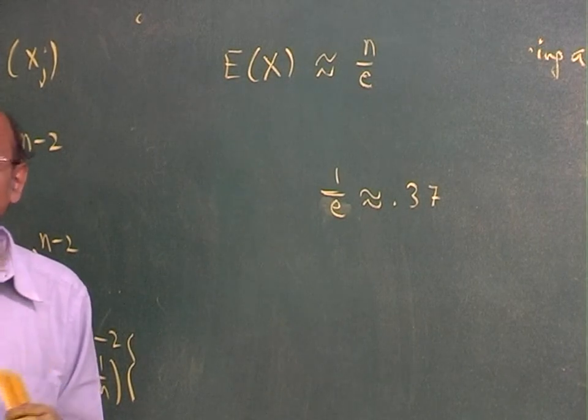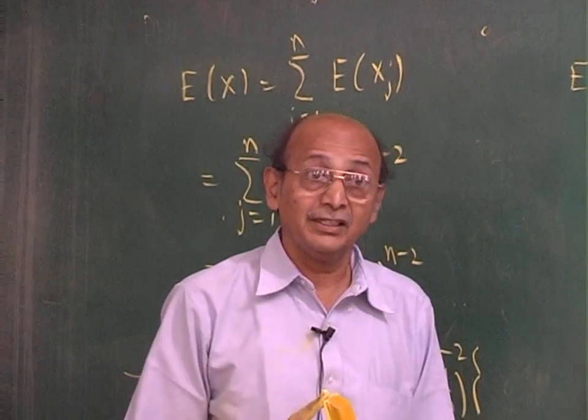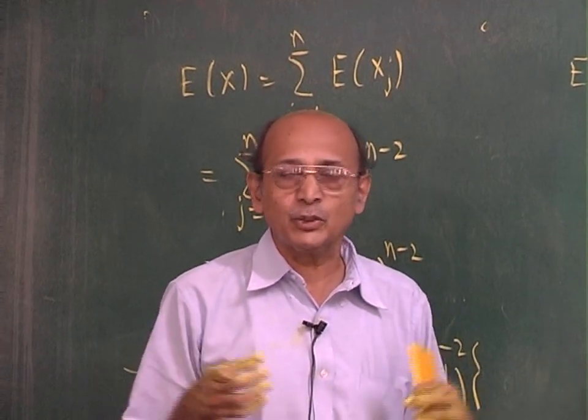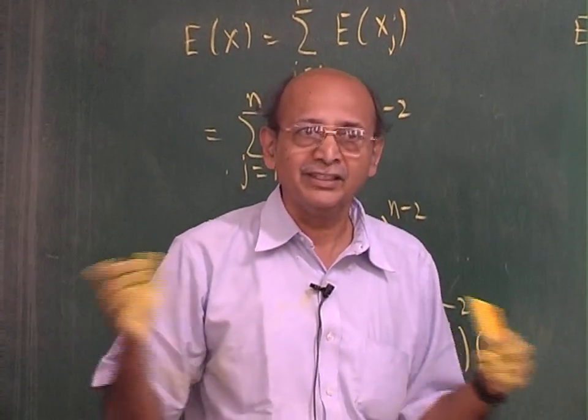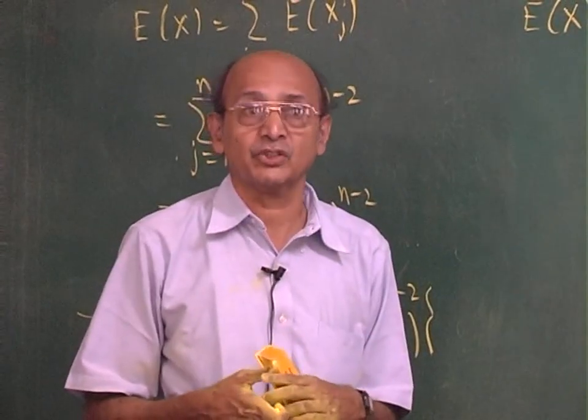So a randomly chosen tree should be expected to have quite a large number of leaves and not a small number of leaves. The probability that a randomly chosen tree on 100 vertices will have very few, like 6 or 8 or 10 leaves, is very, very small. It should be expected to have about 37 leaves.